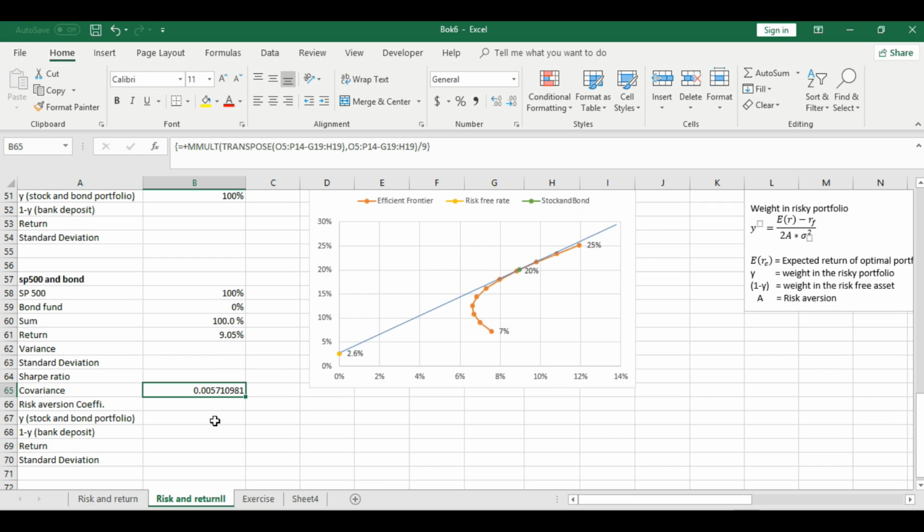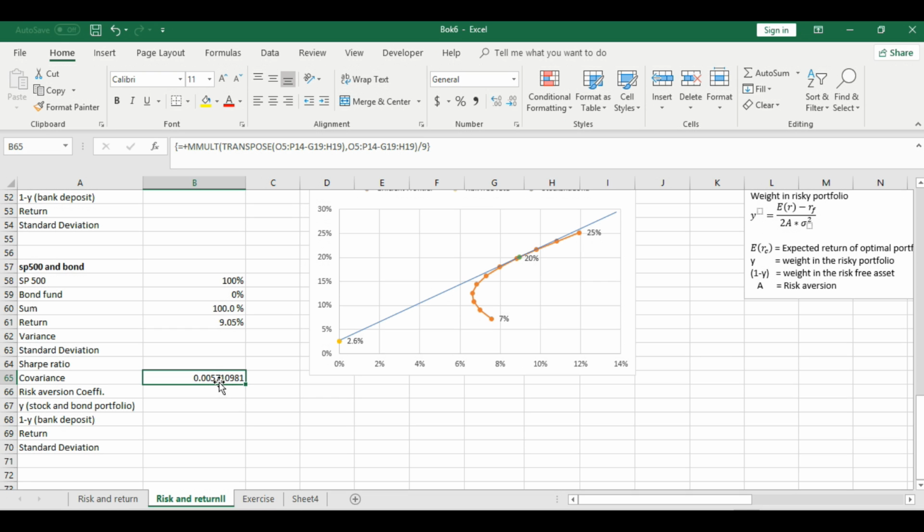And this is the covariance between the S&P 500 and the bond fund.